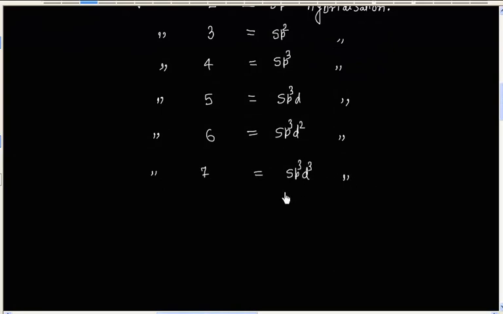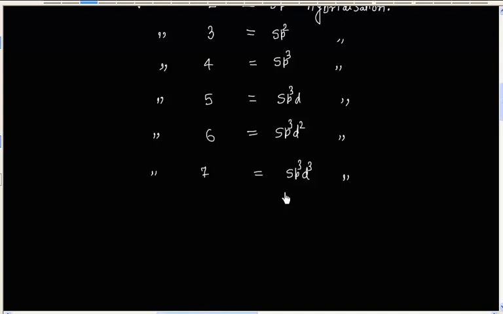So we have 3 steps. First step, write down the Lewis dot structure. Second step, count the number of groups for the atom for which you want to find the hybridization. And group means it can be a lone pair, or a bond pair of single bond kind, double bond kind, or triple bond kind.